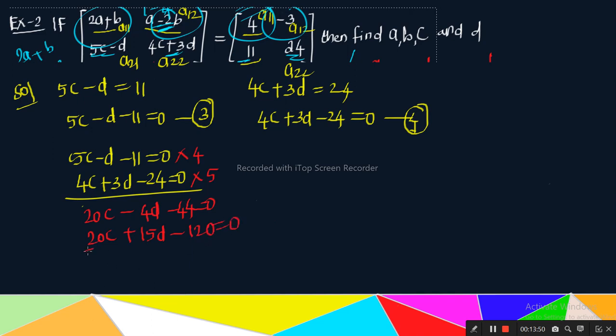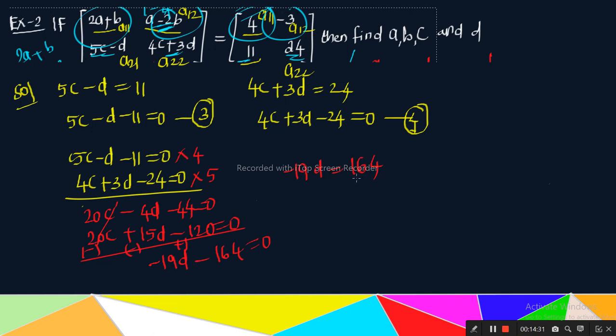If I change the sign, this positive becomes negative, this positive becomes negative, and this negative becomes positive. So 20c minus 20c gets cancelled. Minus 4d minus 15d will become minus 19d. Minus 120 minus 44 will become minus 164, which is equal to 0. Now minus 19d is equal to 164.